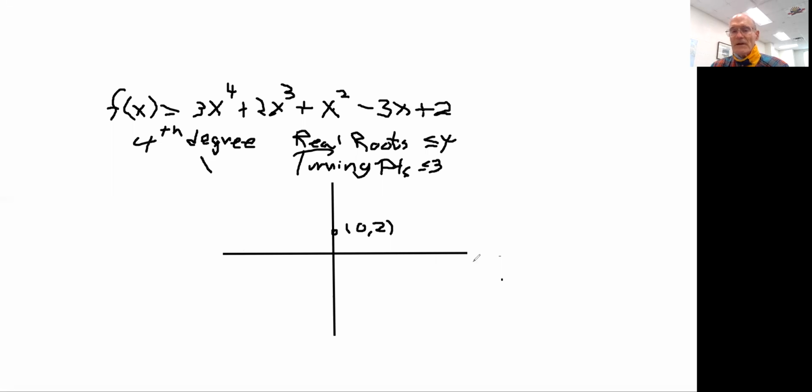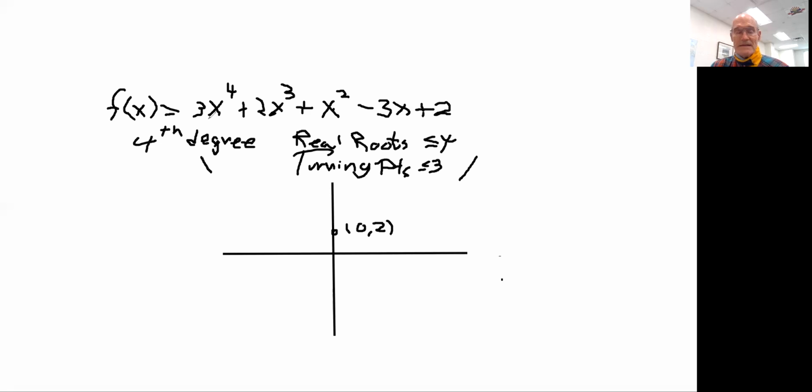In the positive direction over here, any positive number to any power would be positive. So I know that this polynomial function starts up here in the 2nd quadrant, goes through (0, 2), and goes up into the 1st quadrant.